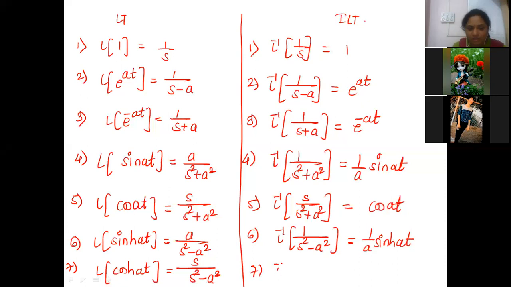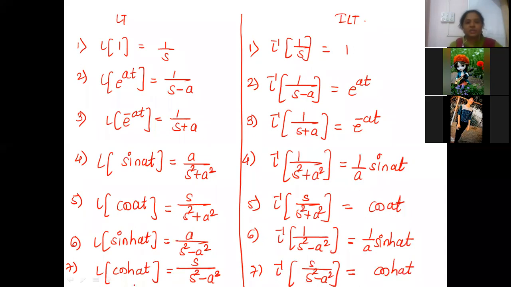And here Laplace inverse of s upon s square minus a square is cos hyperbolic at. So everything is exactly similar to Laplace. That means if we know Laplace, we'll easily find the Laplace inverse.